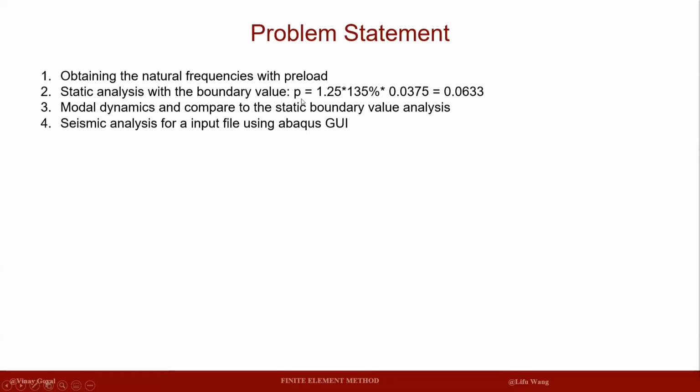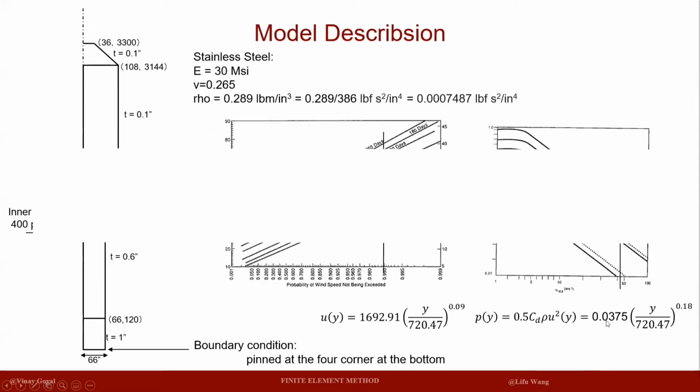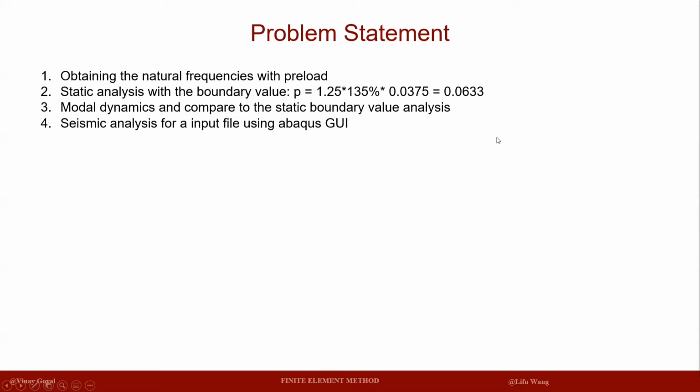In the second one, we're going to compare a static analysis with a wind pressure increase of 35%, which is this value. So you can see originally the incoming wind has a value of this, and now it is this value as the amplitude.